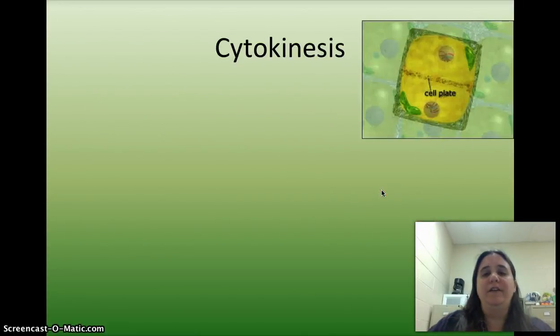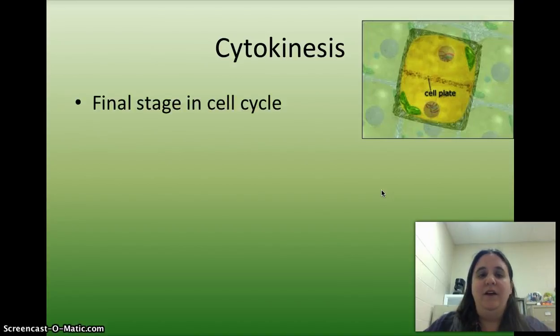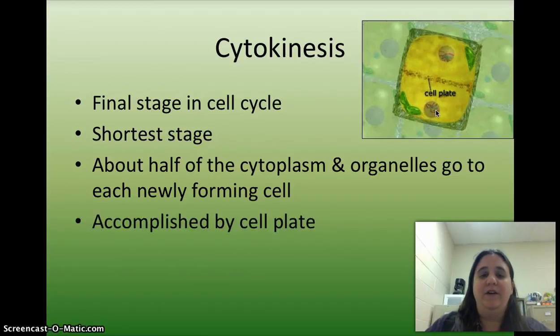Finally, the last part of the cell cycle is cytokinesis. This is probably the most interesting, yet the quickest phase to happen for the cell. Okay. About half of the cytoplasm and organelles are going to go to each new cell. That's very important, because remember, we said each cell has to have everything it needs to survive.